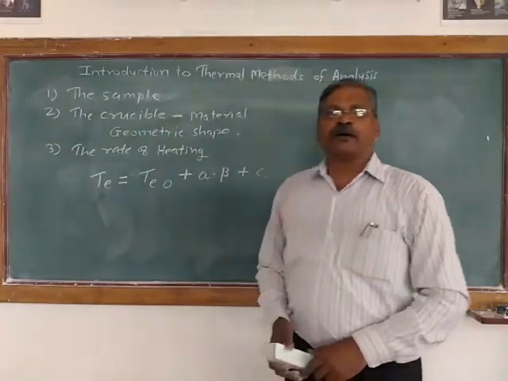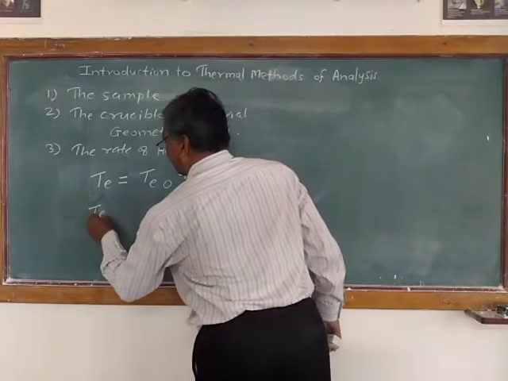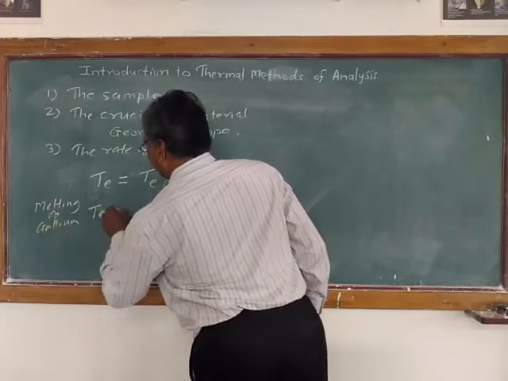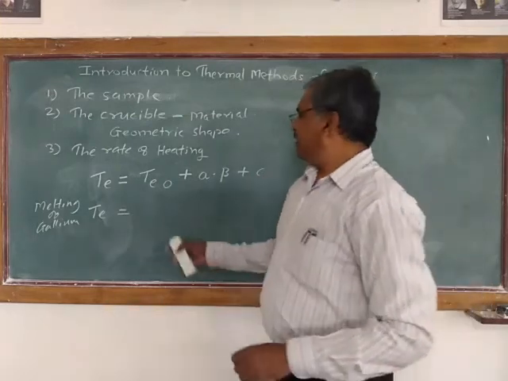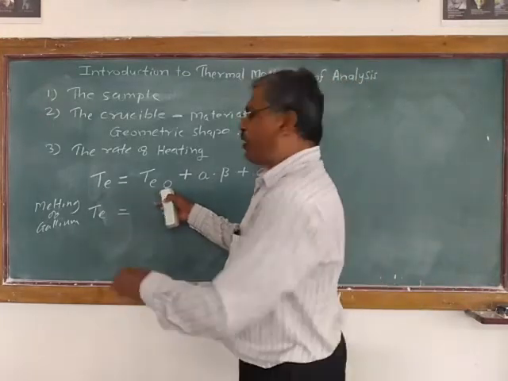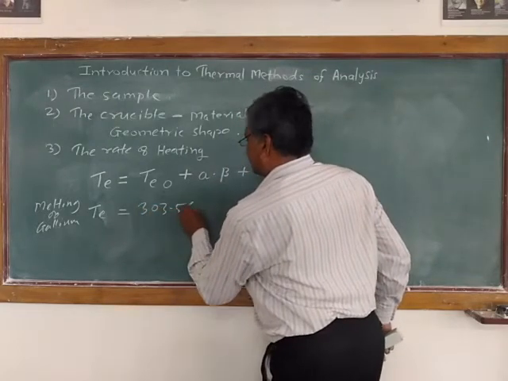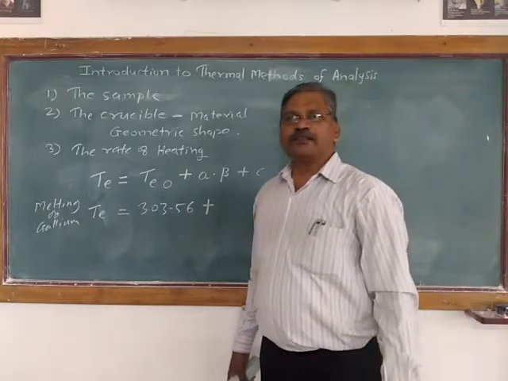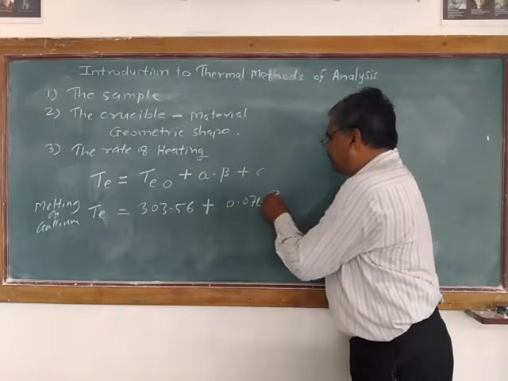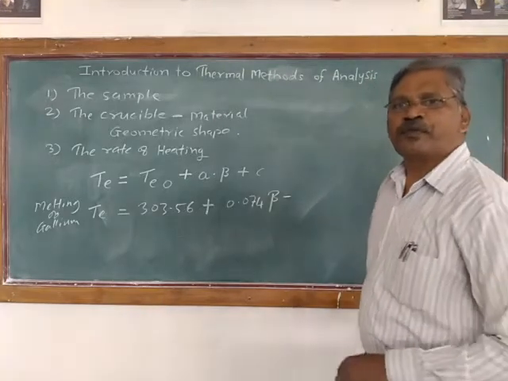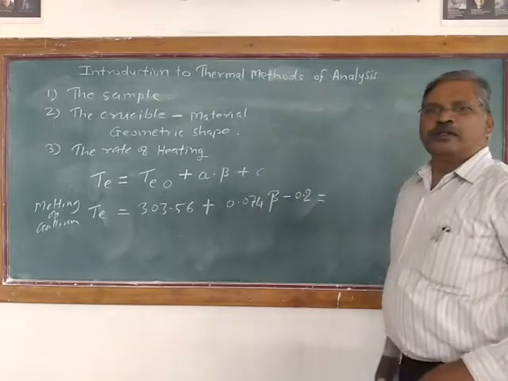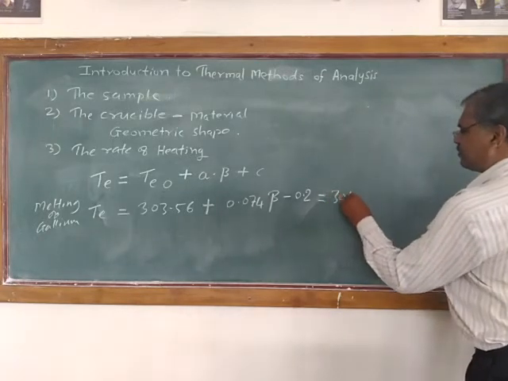For example, for the melting of gallium, TE can be found as follows: the corrected temperature T0 when beta is equal to 0 is 303.56, plus A, which is 0.074, times beta, minus 0.2, and that comes to be 304.1 Kelvin.